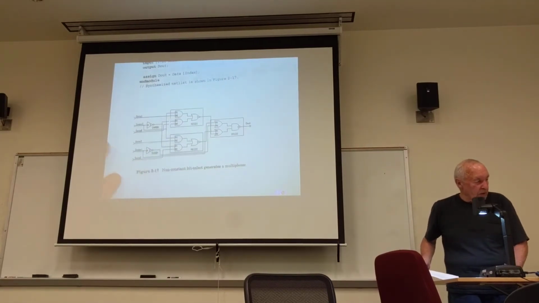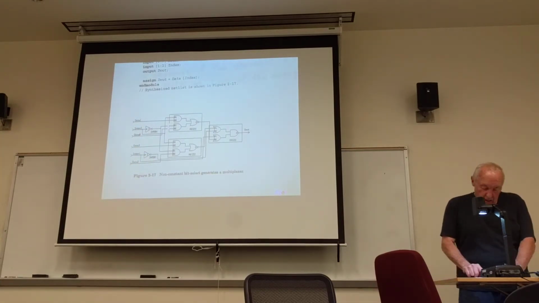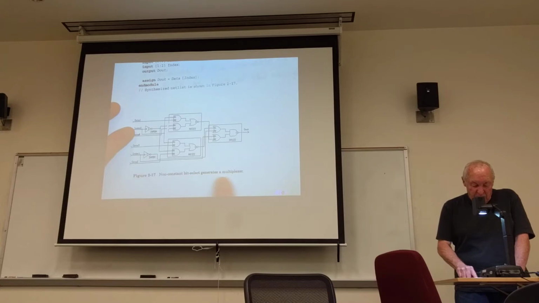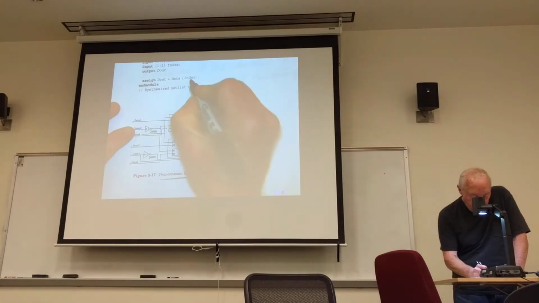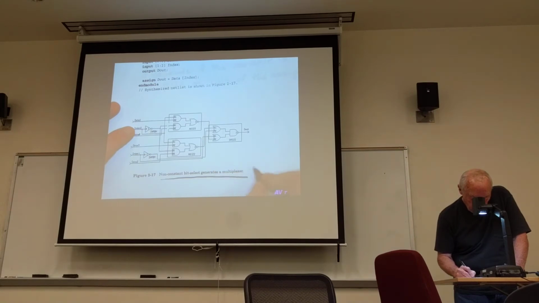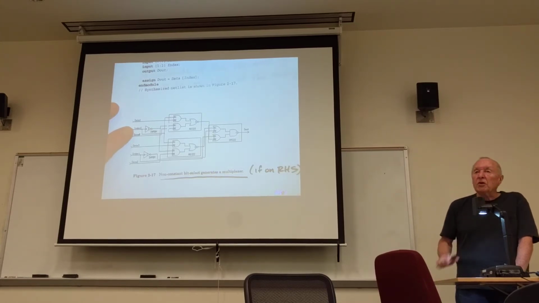And notice the note down there. A non-constant bit select on the right-hand side generates a multiplexer type circuit.